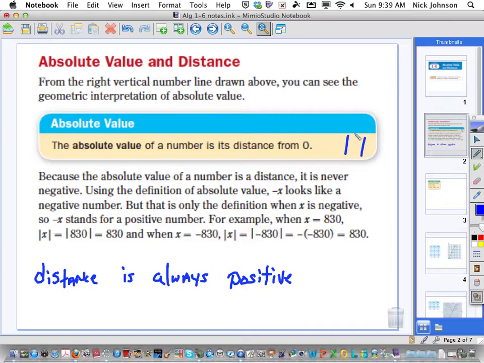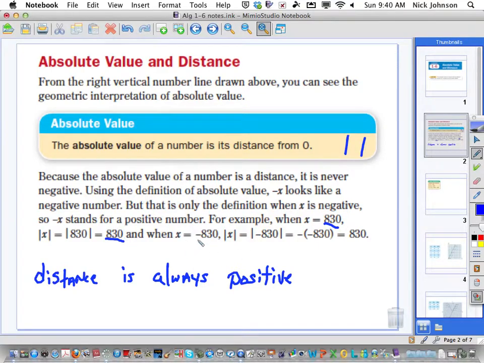Using the definition of absolute value, negative x looks like a negative number. But that is only the definition when x is negative. So negative x stands for a positive number. For example, when x equals 830, which is positive, you put 830 in for x. So what's the absolute value of 830? Well, it equals 830.